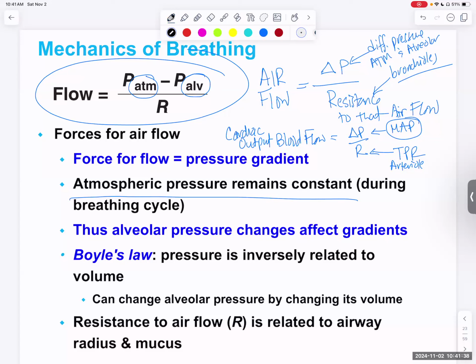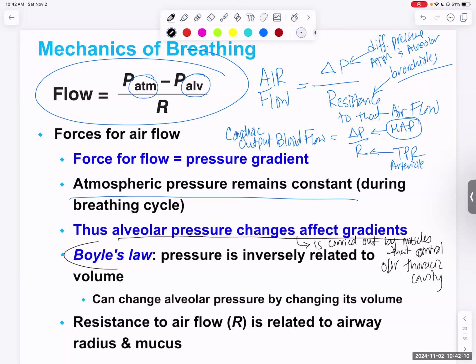So alveolar pressure changes are carried out by the muscles that control our thoracic cavity, basically our chest cavity.